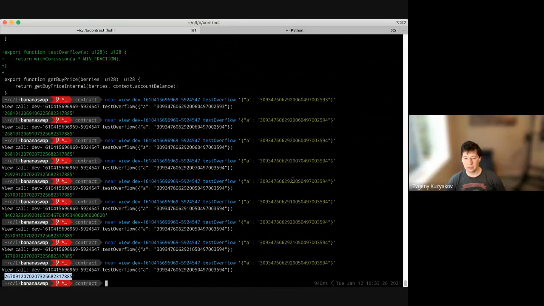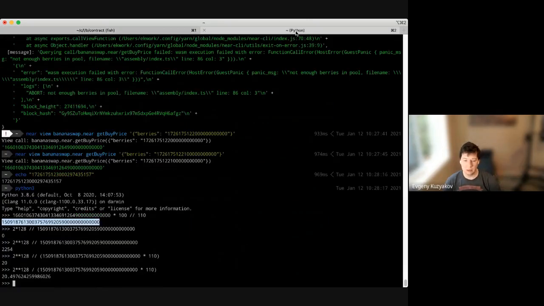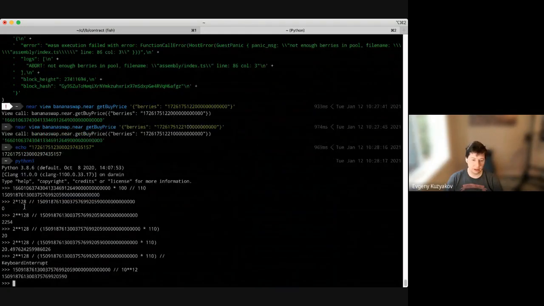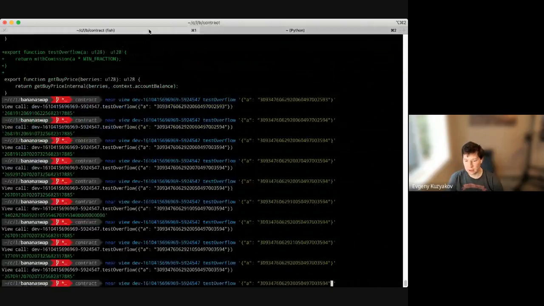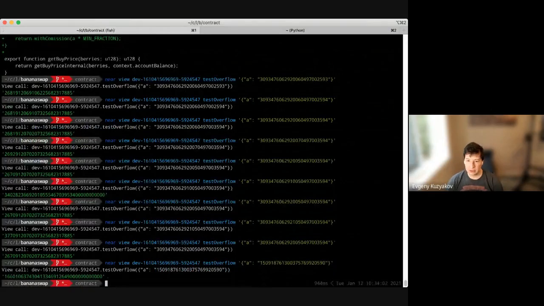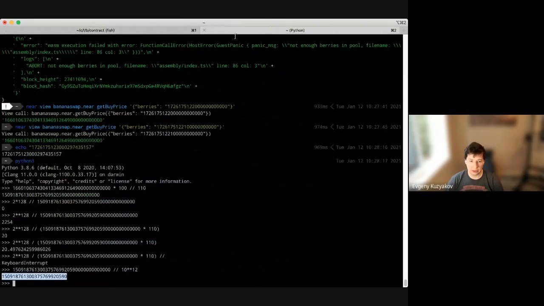And decrease the number. So for example, let's look at this number that we have. Divided by 10 and 12. So this is the number that is currently passed here by default. This is the one that I receive on the mainnet.